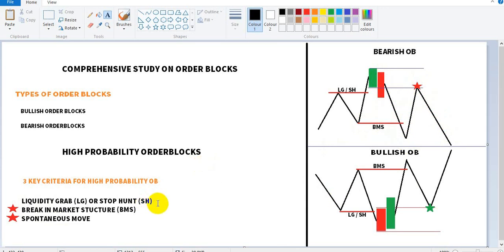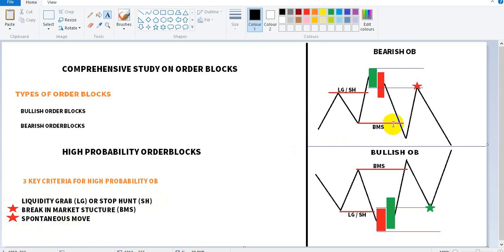Now, there's something I want you all to understand. Liquidity grab is not compulsory. There's a reason I stress this. These two are the most important things I look out for: break in market structure and spontaneous or fast impulsive move.